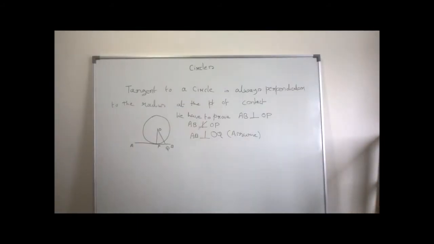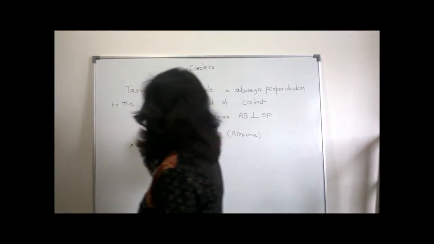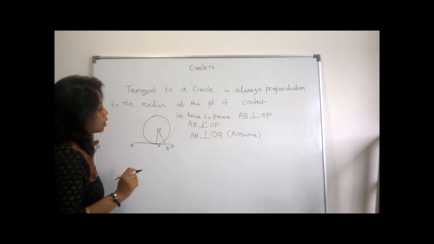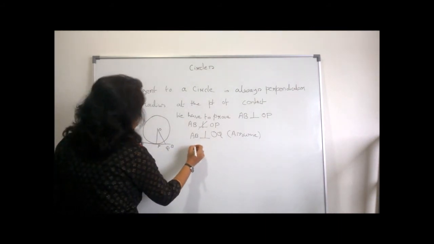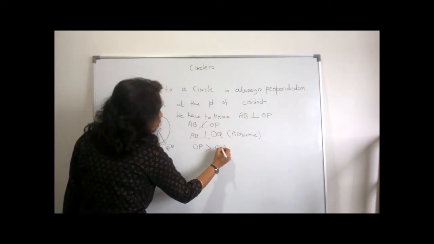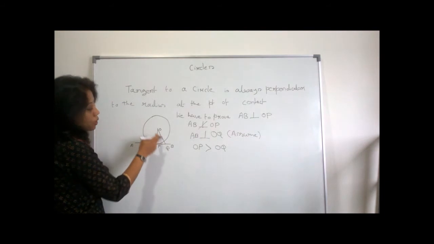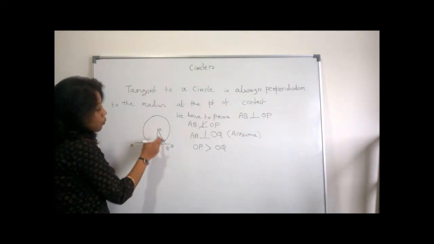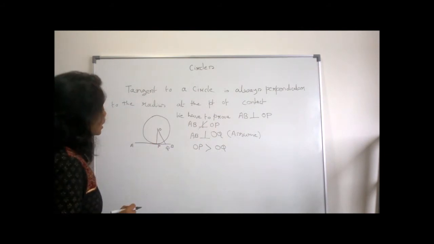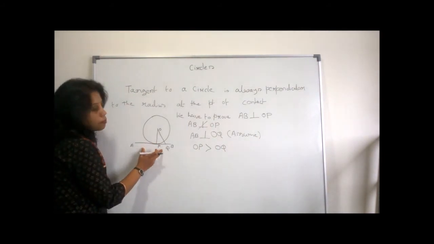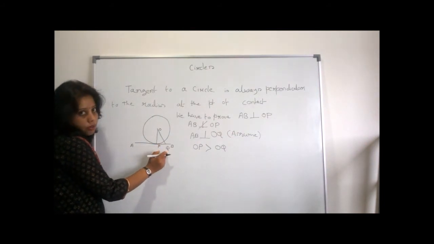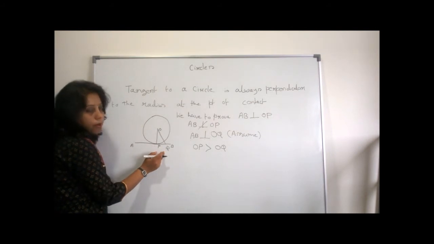And as we know that the perpendicular distance is the shortest distance, OP is greater than OQ, because OQ is perpendicular, so OQ is shorter than OP. But here you see that the line AB touches the point P as well as Q. But what do we know about a tangent?